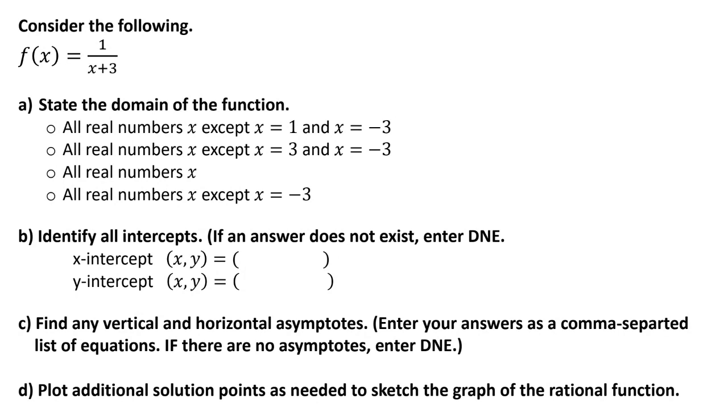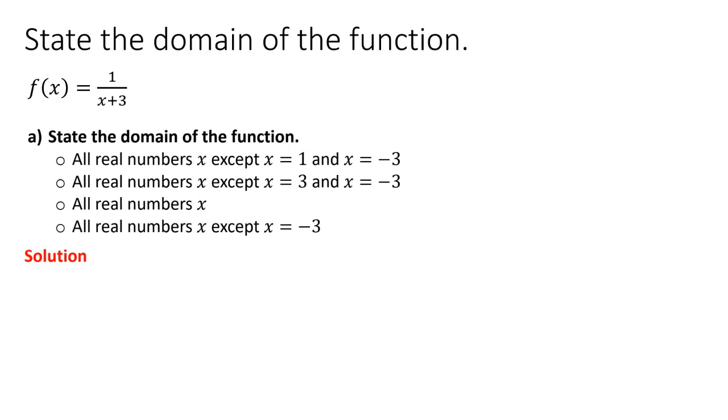It asks you to state the domain of the function, and it gives a multiple choice key answer. Identify all intercepts. Find any vertical and horizontal asymptotes. And plot additional points and sketch the graph. Yes?